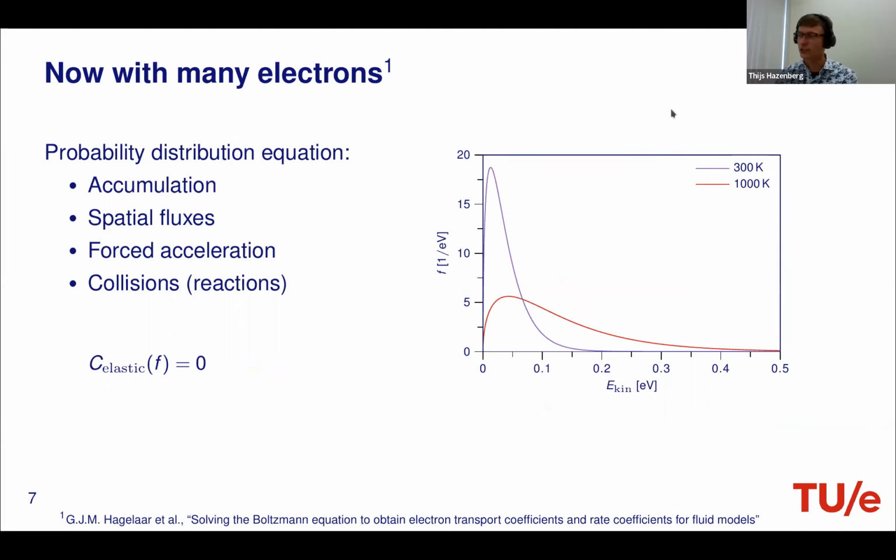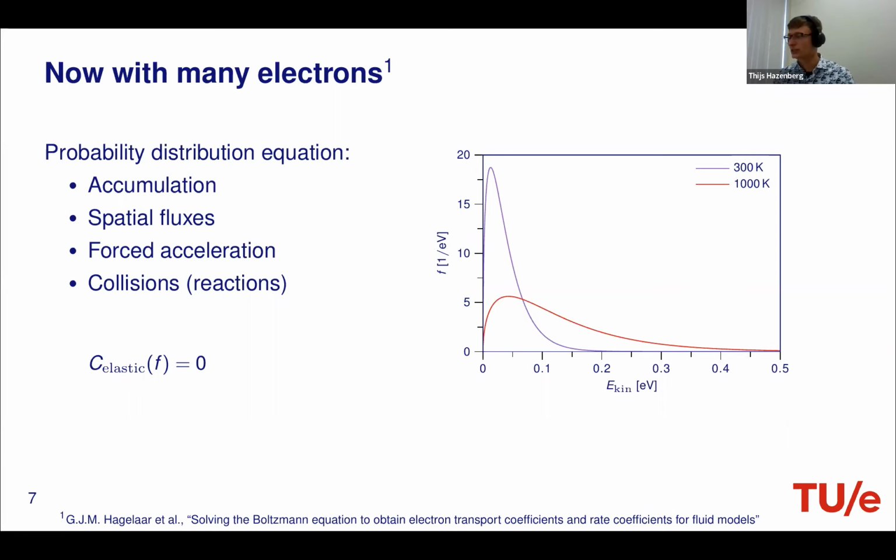Let's say that we consider the case of only elastic collisions. Then if we say that the effect of all our elastic collisions must be equal to 0, which means, going back to the previous slide, that the time-dependent part and the spatial part are 0, then what you get is the Maxwell-Boltzmann distribution, which is a well-known distribution of the kinetic energy of particles in a gas at different temperatures.